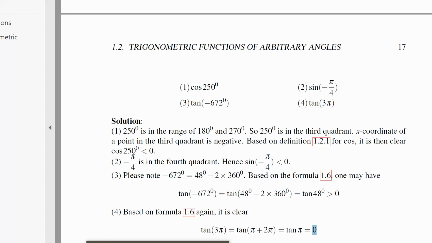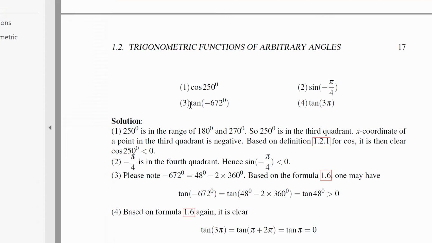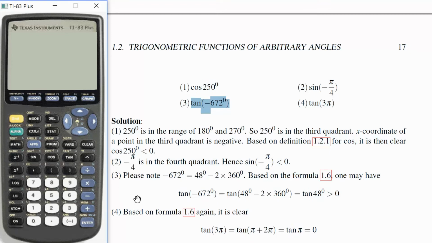Now, we want to see the calculator. How do we do that with the calculator? We may do question 3. The rest of them are similar.